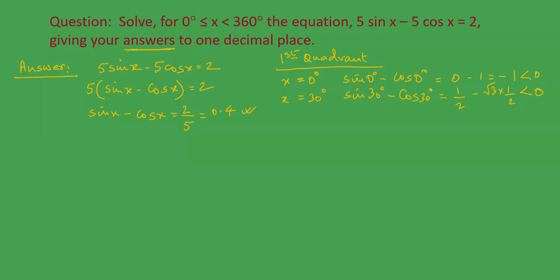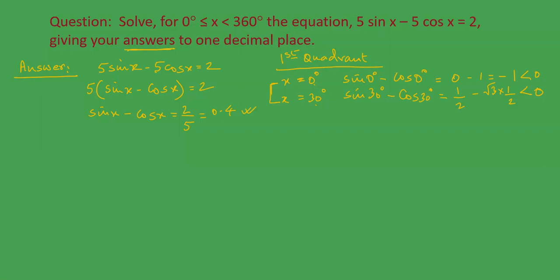So x cannot be 30, and not only that, x cannot be any value between 0 and 30, because sin x values are increasing as we move from 0 to 30, and cos x values are decreasing.